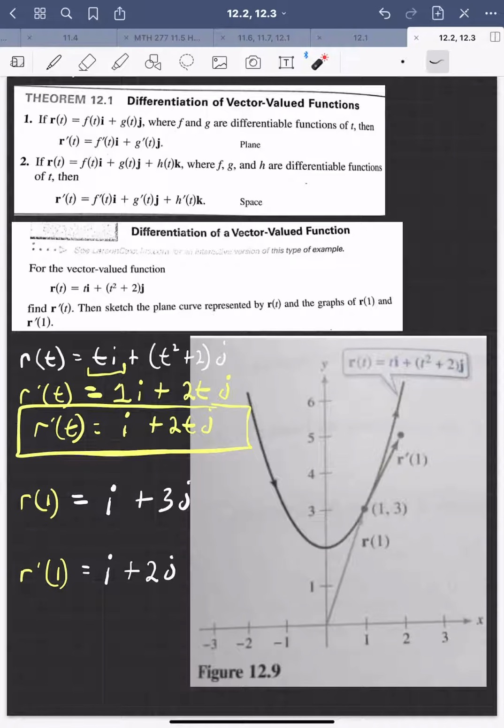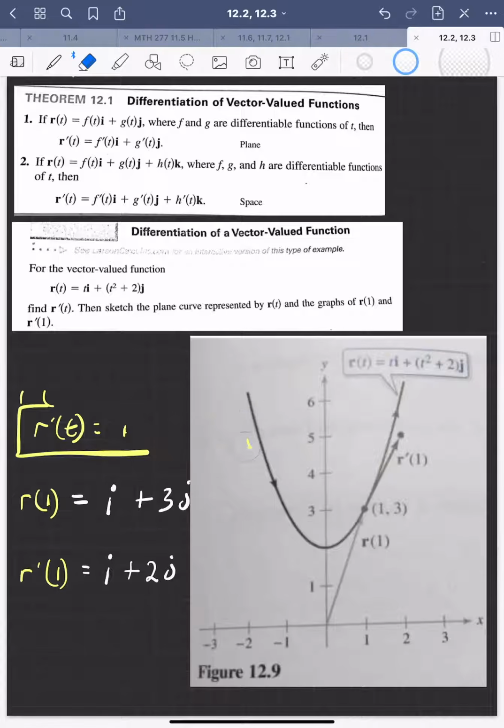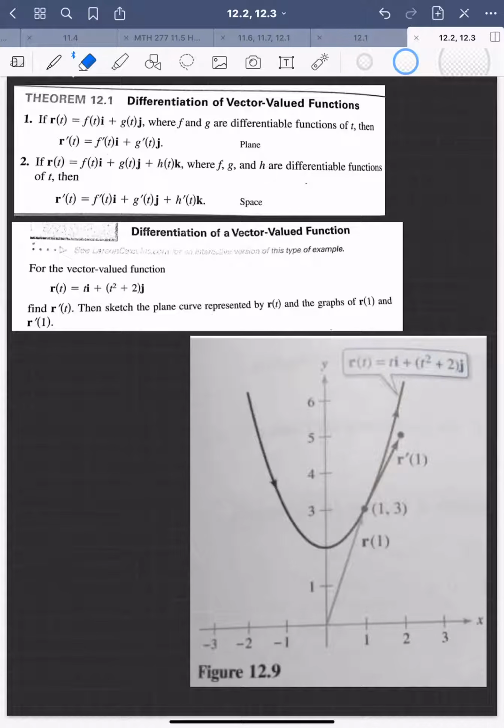But there are two properties of the derivative that make for r prime of t. There are two properties that are extremely important, extremely beneficial. So let me write these properties here.